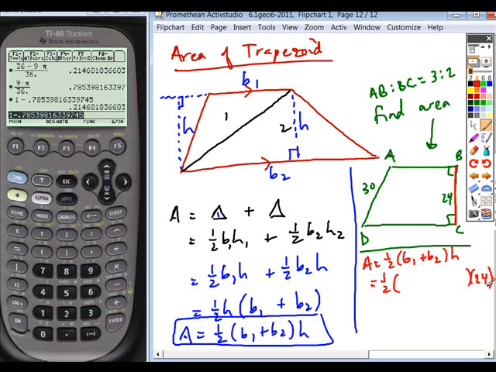When we look at this, if the ratio of AB to BC is 3:2, that means we have a scaling factor of 3/2 or 2/3. Now, is AB going to be longer than BC or shorter? If it's 3:2, AB is going to be longer.